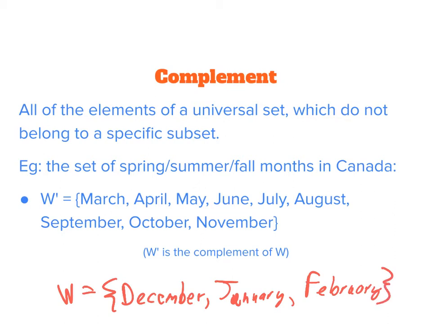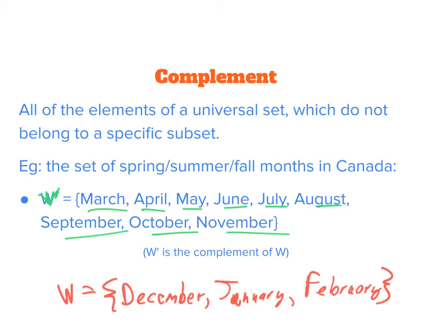Now look at this set W prime, which contains March, April, May, June, July, August, September, October, and November. That was in the universal set, besides the 3 months that are in W. So we call that the complement.